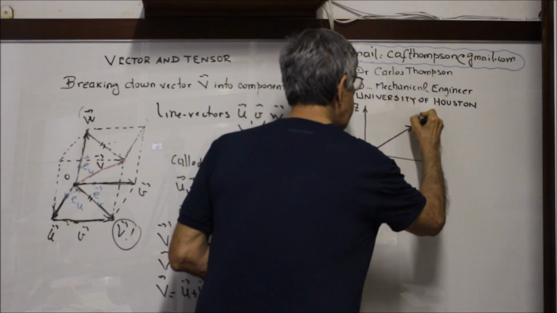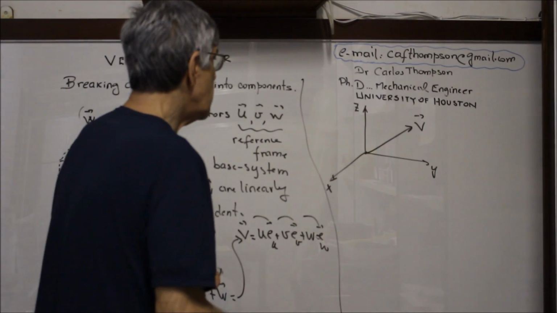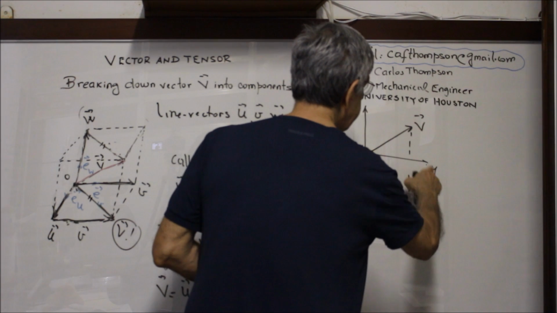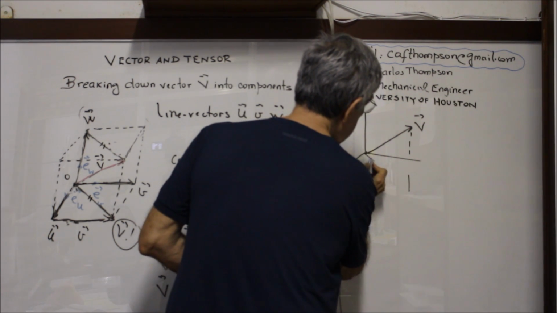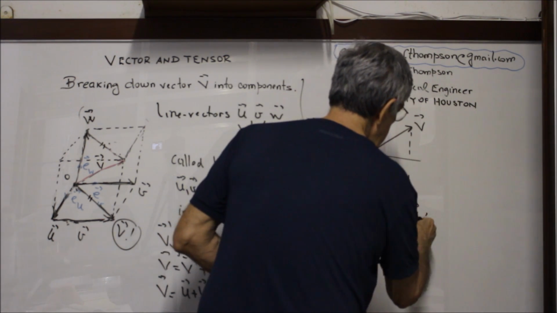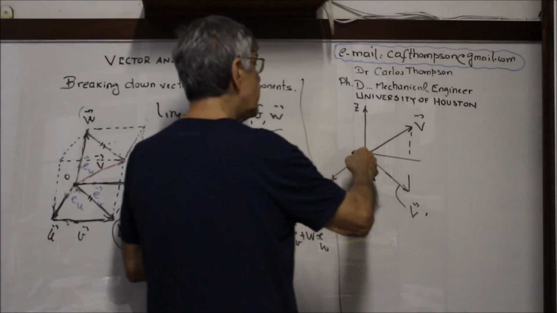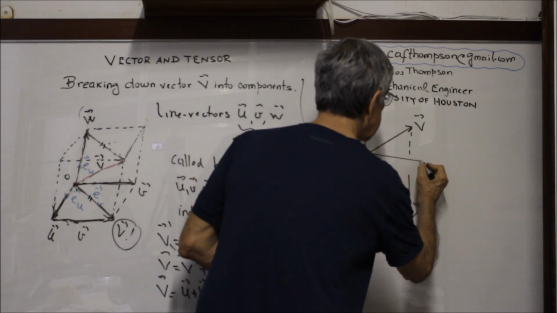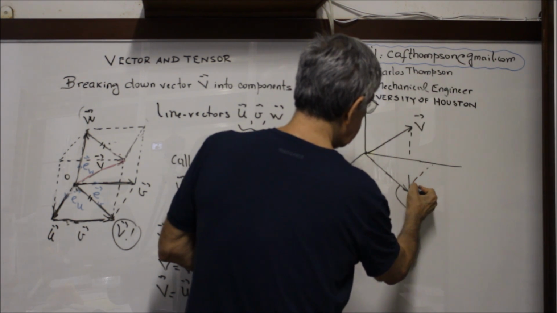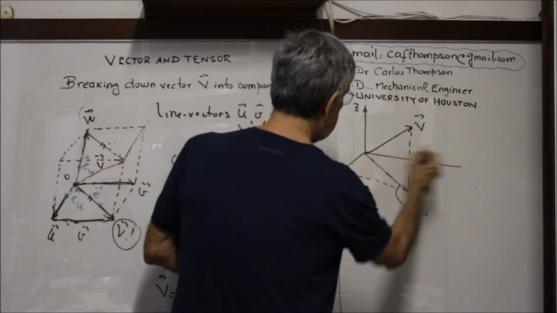I will break down this vector v into other components. Let's project this vector here, and here I have my v prime. Attention, this v prime is completely different from the previous one, because we are using another reference frame.